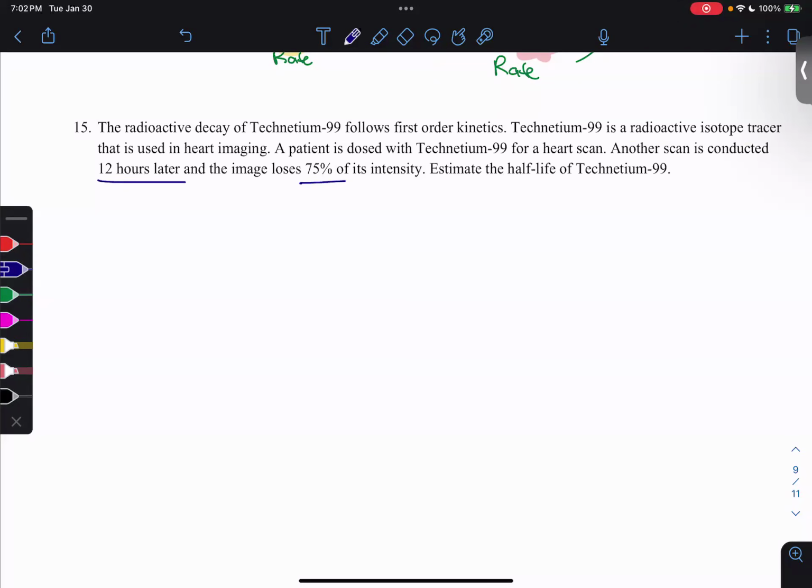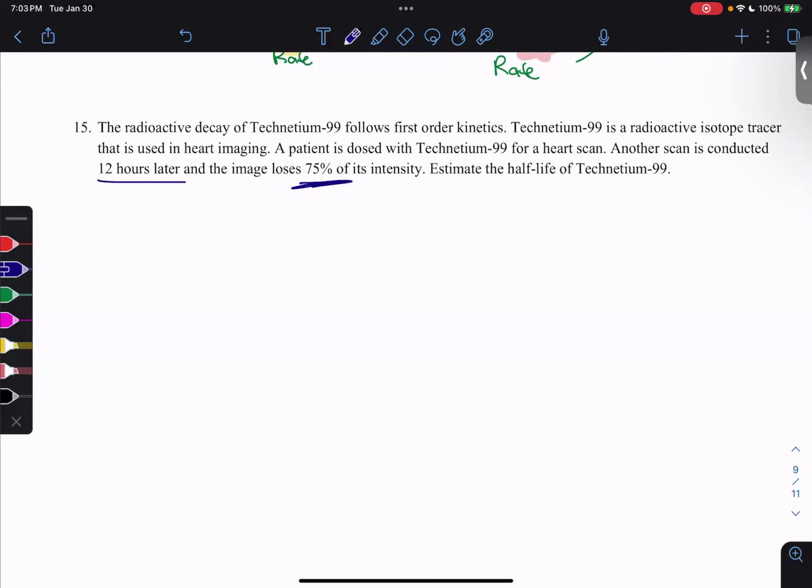Okay, so I didn't really give you concentration, but I want you to recognize if technetium-99 is a radioactive isotope tracer, its presence is what causes the image. We can infer what the concentration changes are. If the image loses 75% of its intensity, how much of the sample did we lose?